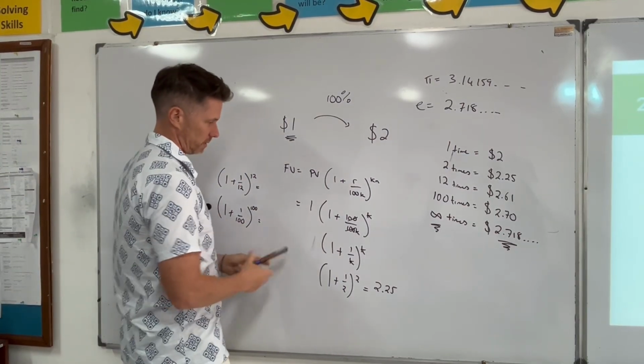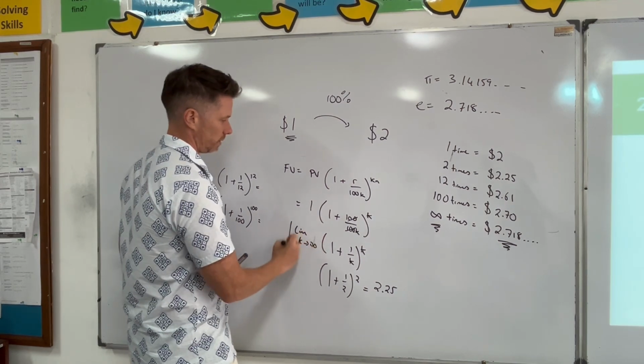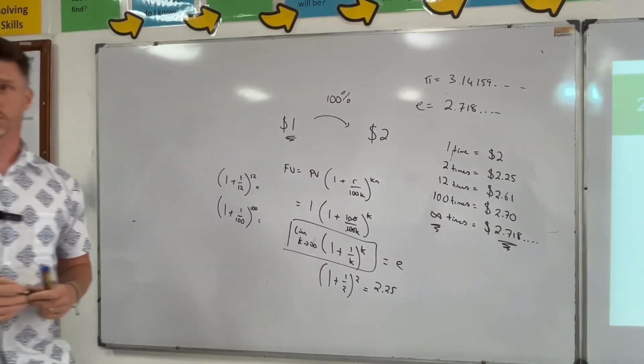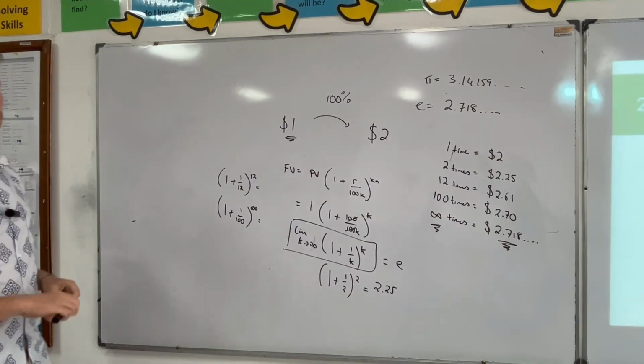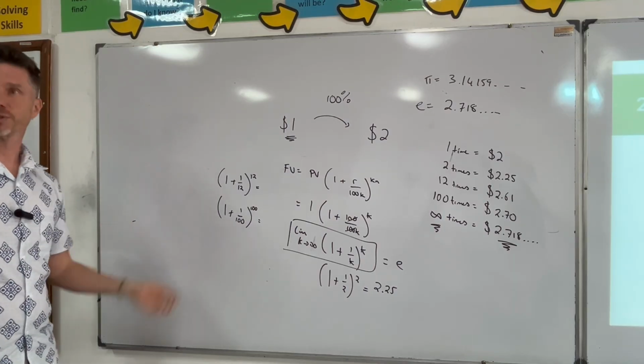The limit of this thing as k approaches infinity is e. Now you'll never have to recreate that, but it's interesting because it's a number that is used a lot for exponential equations and things like that.